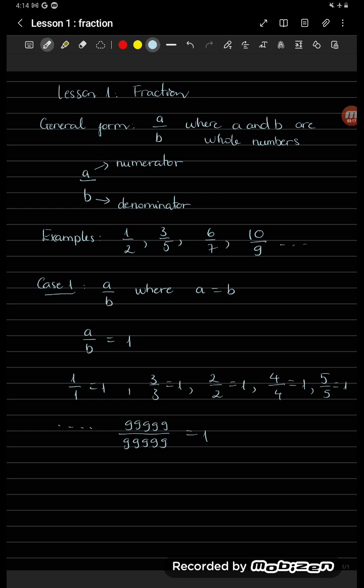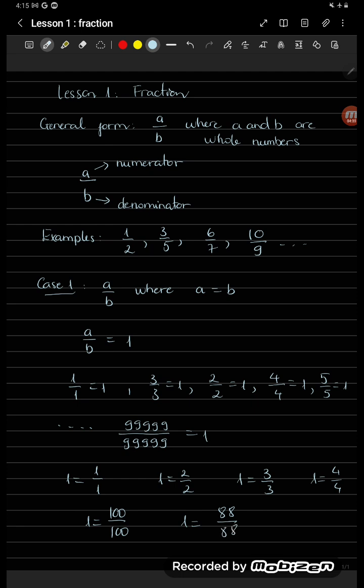Due to this property, 1 can always be written as a fraction in which A equals B. Like we can write 1 equals 1 over 1, 1 equals 2 over 2, 1 equals 3 over 3, 1 equals 4 over 4, or 1 equals 100 over 100, 1 equals 88 over 88, and so on.